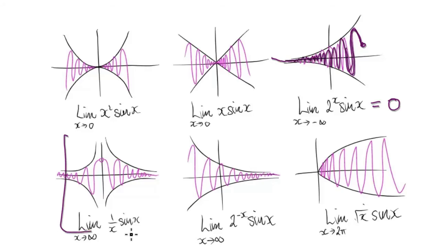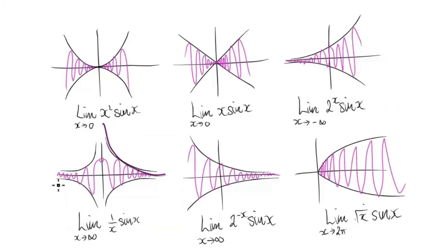For this one here, 1 over x looks like this, sine of x looks like this. Combining the two, it would give you this. As x heads towards +infinity, 0's here, -infinity's all the way to the left, +infinity's all the way to the right.